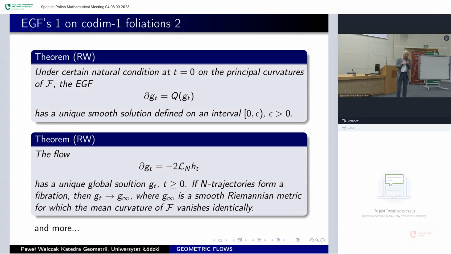Here I said that the normal structure of this foliation should be reasonable, I mean that trajectories of this unique normal vector field form a fibration. In general, there exist foliations for which there exist no Riemannian structures making the mean curvature vanish.